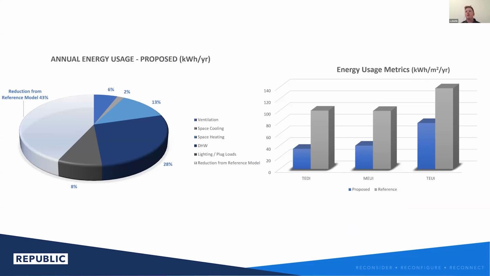So this is a bit more of a breakdown. If you look at the annual energy usage, the proposed pie chart we have here, you can see the overall reduction from our reference model. In this case, our reference model was the standard reference model you would do as a baseline tier one building. The largest portion of this energy pie is really related to domestic hot water.